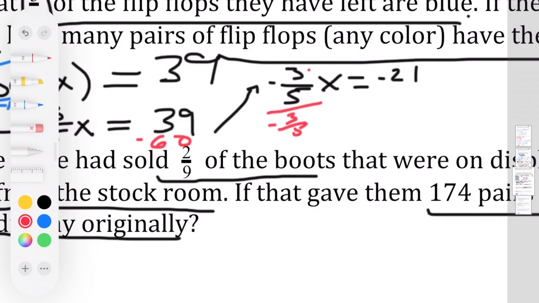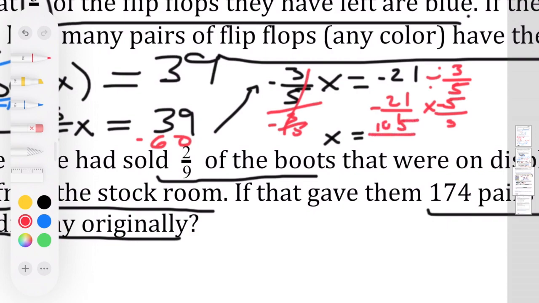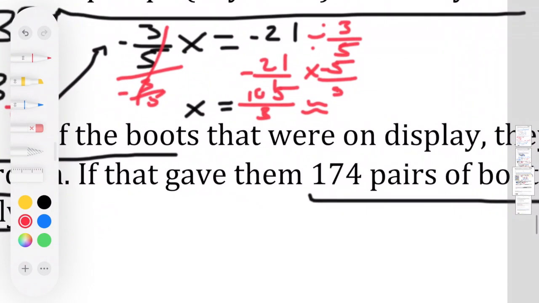And we know anytime we're dealing with a fraction, we're going to have to go negative 21 over 1. We're going to keep, change, flip. So 21 times 5, and we end up with 105. x equals, and that's a negative there, so negative 105 over 3. And luckily for us, that reduces down to 35.